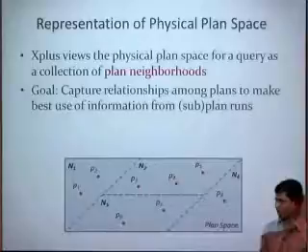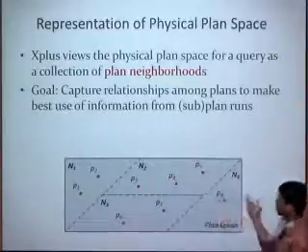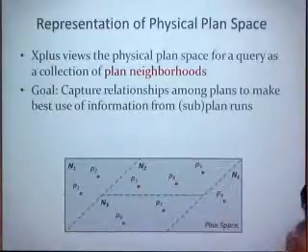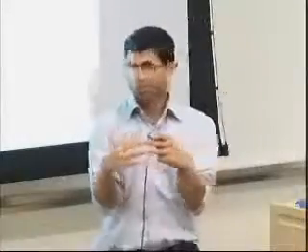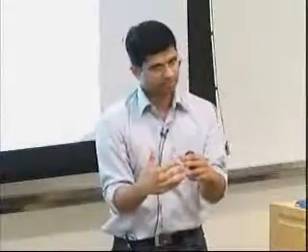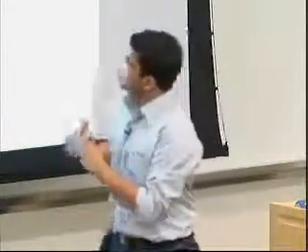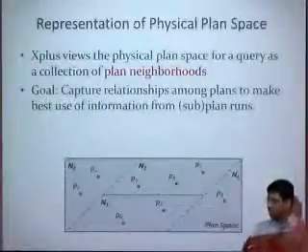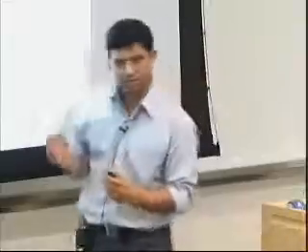So imagine this were to be your entire space of physical plans. So P1 through P8 are different physical plans. We try to group these plans together into what I call plan neighborhoods. Okay? And the plans in each neighborhood are related in some specific manner. There are some relationships that we want to exploit.